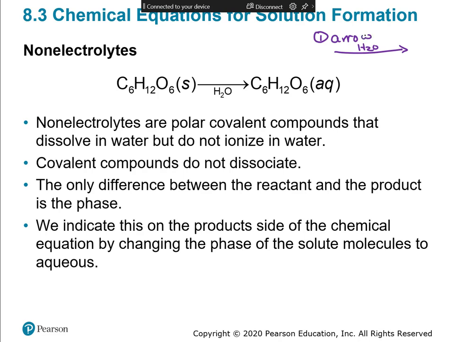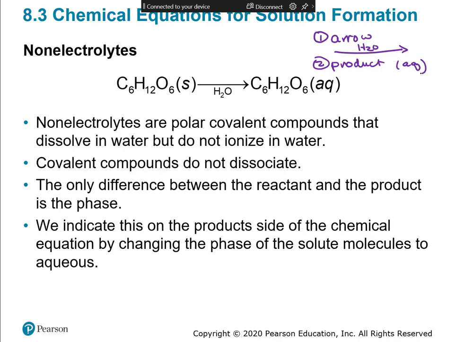So that's like a strong electrolyte. The product is written with aq, just like a strong electrolyte, but there's no ions. So notice the products do not get split. The product is the exact same formula as the reactant.